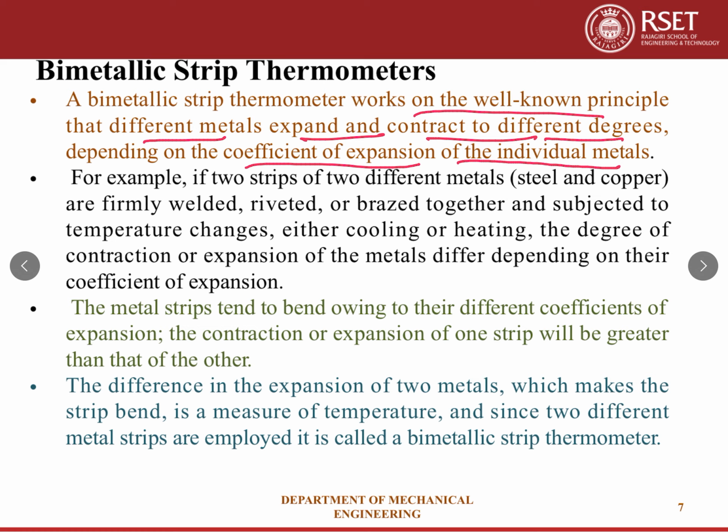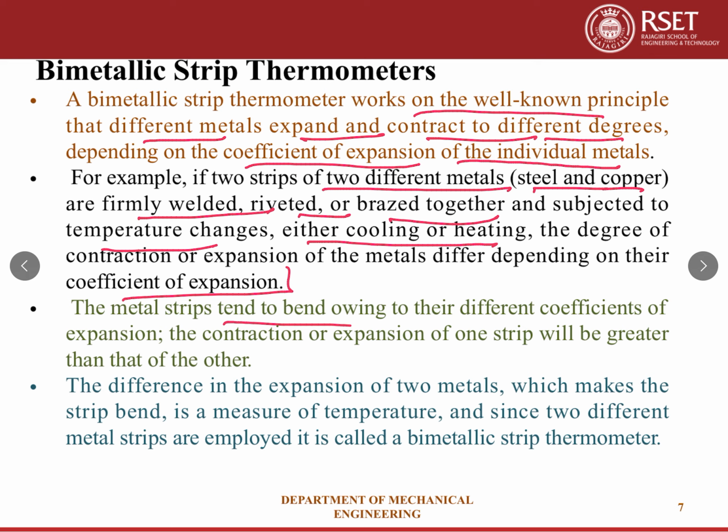For example, if two strips of two different metals, steel and copper, are firmly welded or riveted or brazed together, that means they are constrained to move, and subjected to temperature change, either cooling or heating, the degree of contraction or expansion of the metals differs depending on their coefficient of expansion. These two metals have different temperature coefficients and the expansion will be different.